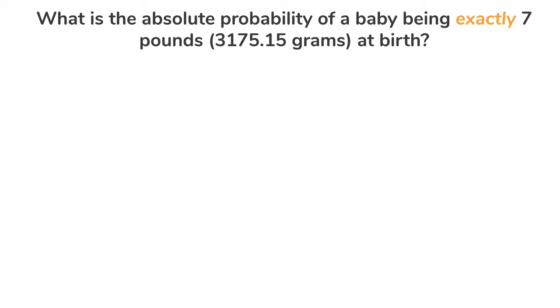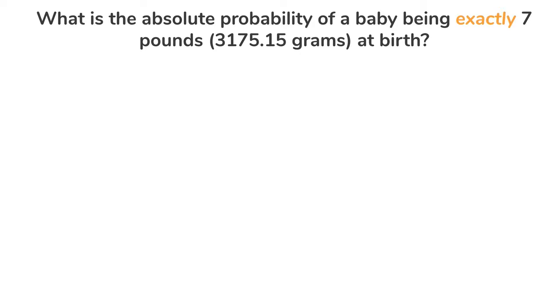So what's the absolute probability of a baby being exactly 7 pounds at birth? Anyone have a guess? It's kind of a trick question, and the answer is right there. It's a trick question because it's actually 0, because the absolute probability of any particular number is 0, since there's an infinite number of possible values given infinite precision.